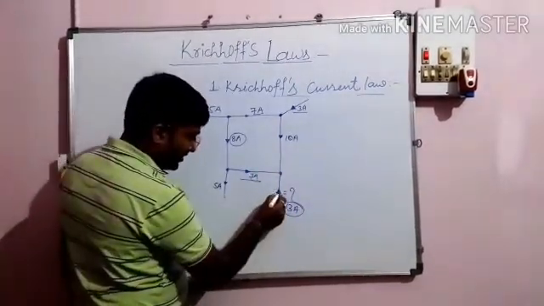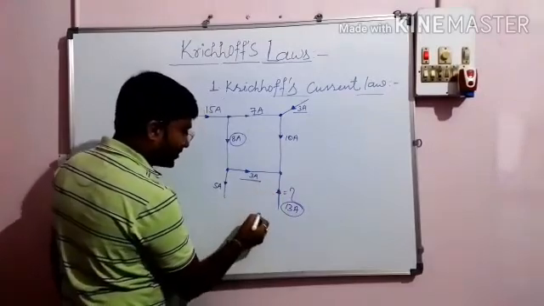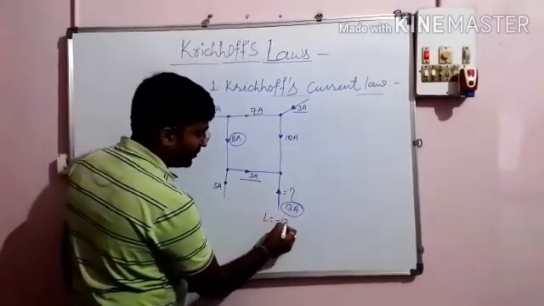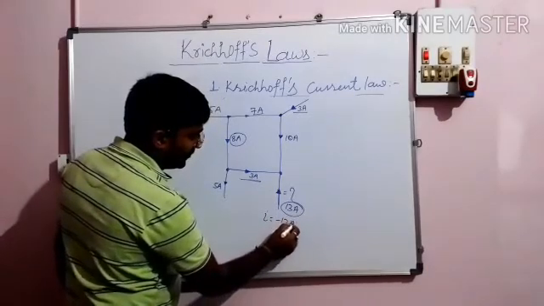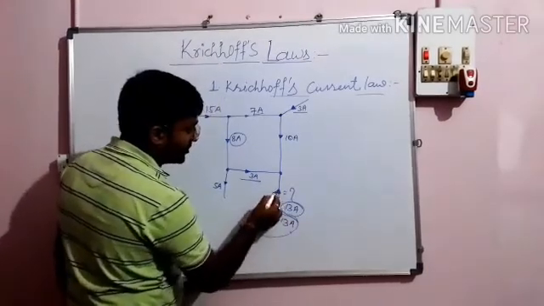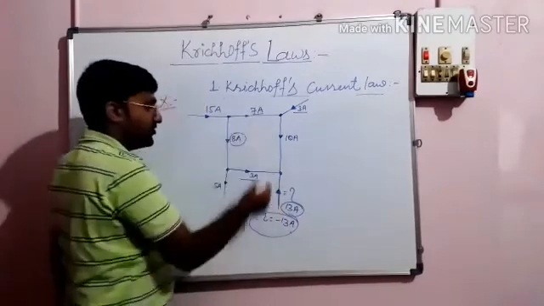But the direction is upward, so we take this current as negative 13 ampere. Why? Because this is the current leaving the junction.